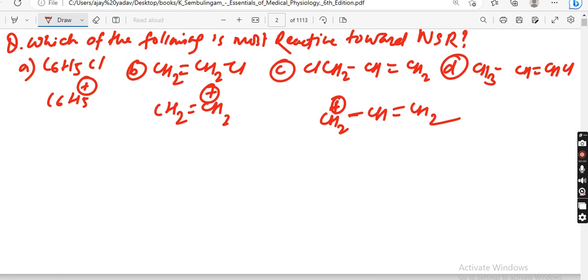So the positive charge will delocalize from here. Are you getting it? So this is the most stable carbocation. Option C is the correct answer.